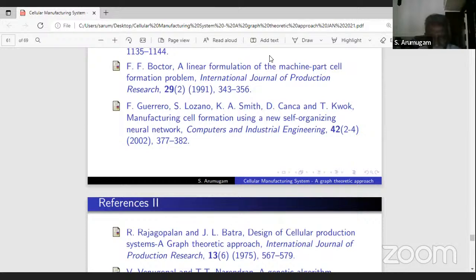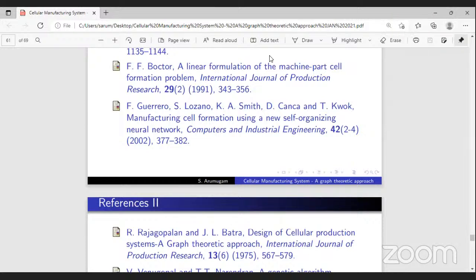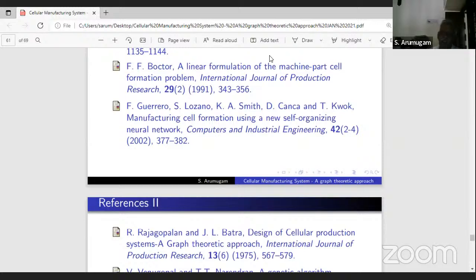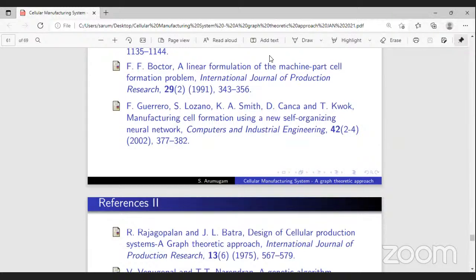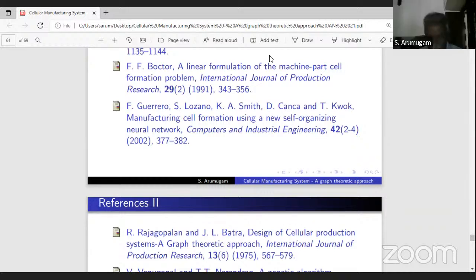Excellent applications. Sir, how is this application related to operator theory? See, you have to first choose your appropriate problem, and then go for modeling. As done here, first the problem is the cellular manufacturing problem. Then the mathematical model comes.